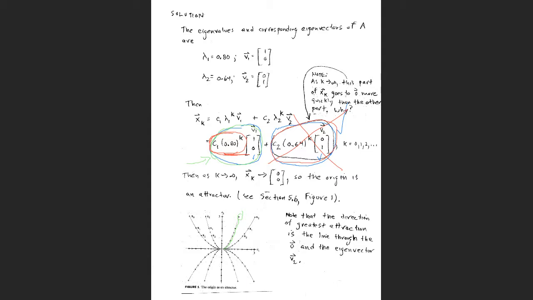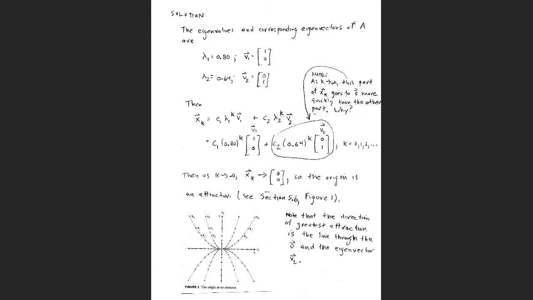That's right, Nafani. That's right, Hung. It's on the x1 axis. So as k gets large, do you see how all the trajectories approach the origin, no matter what the initial condition is?